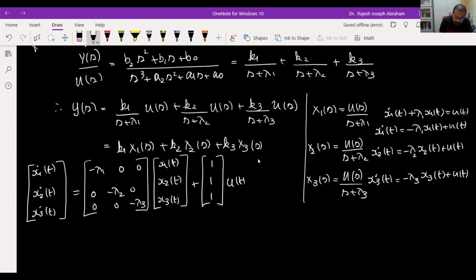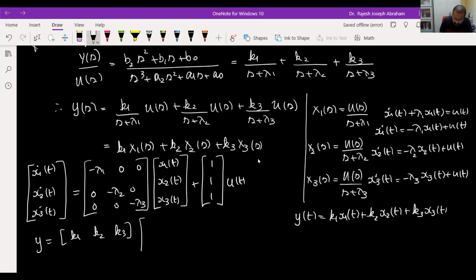Y of t will become k1 x1 of t plus k2 x2 of t plus k3 x3 of t, so the output equation is k1, k2, k3 into x1 of t, x2 of t, x3 of t. This is my matrix A, this is my matrix B, this is matrix C. In this way we can obtain the diagonal canonical form.